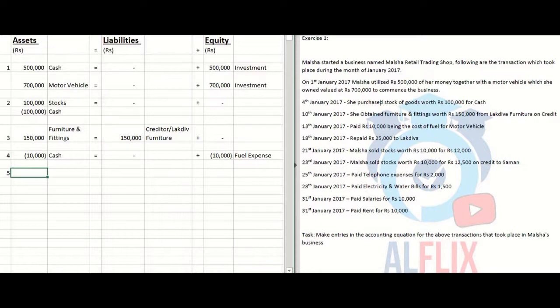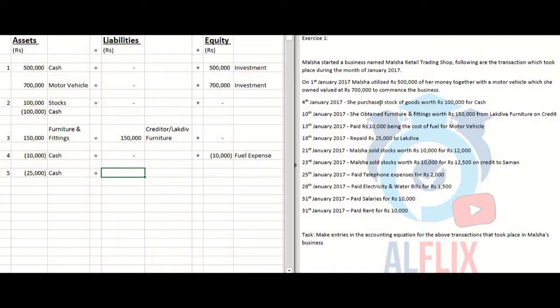So since this is being paid, there is a reduction in asset worth 25,000 in terms of cash, which will equal a reduction in liabilities, since this is being settled, the liability or the obligation reduces by 25,000.